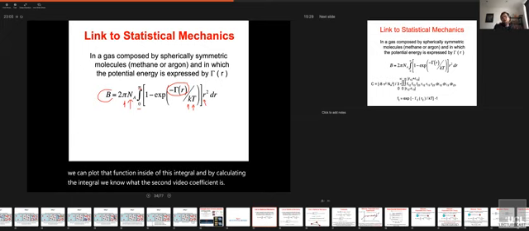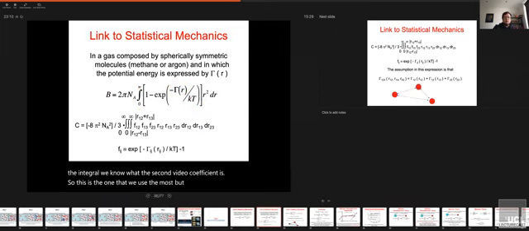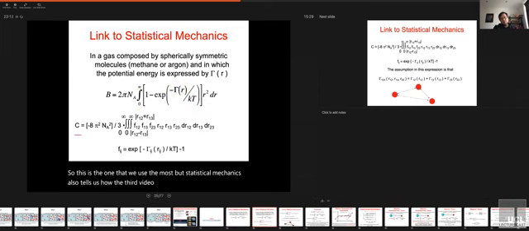So this is the one that we use the most, but statistical mechanics also tells us what the third virial coefficient looks like. Of course, it's a more complicated equation, but at the core of it, there is the pair interaction between the molecules in the system. There is an assumption here, and that assumption is that we can describe interaction between triplets as the sum of the interaction between the pairs that make up the triangle.